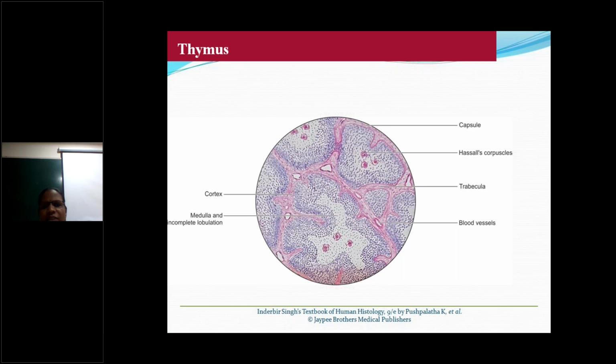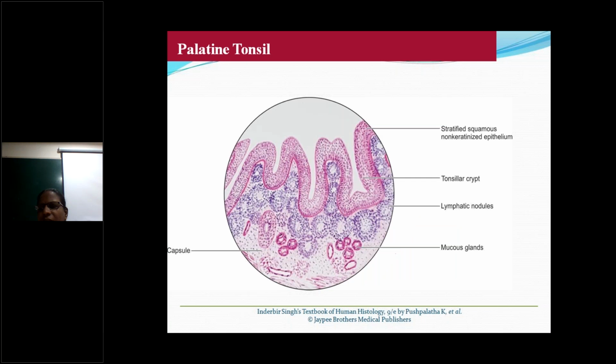The next and last slide of the lymphatic tissue is the palatine tonsil. Till now we had covered encapsulated lymphatic tissue. This is non-encapsulated lymphatic tissue. In the earlier structures, it is covered with a fibrous connective tissue capsule, but here the lymphatic tissue is lined by stratified squamous non-keratinized epithelium.